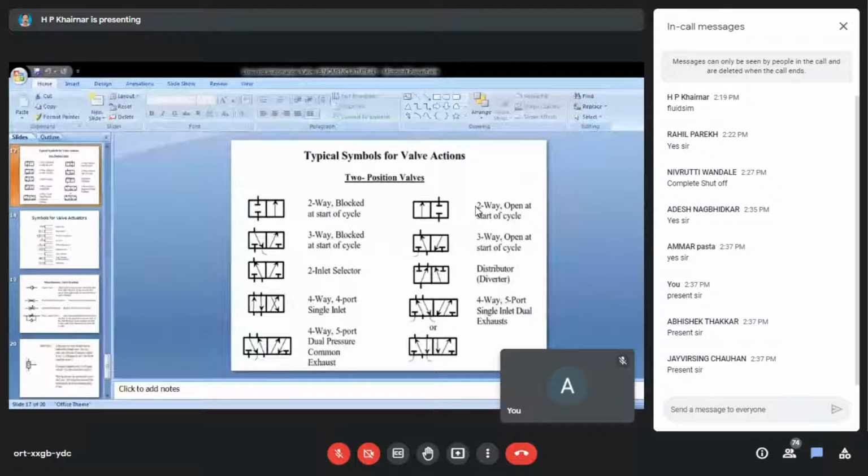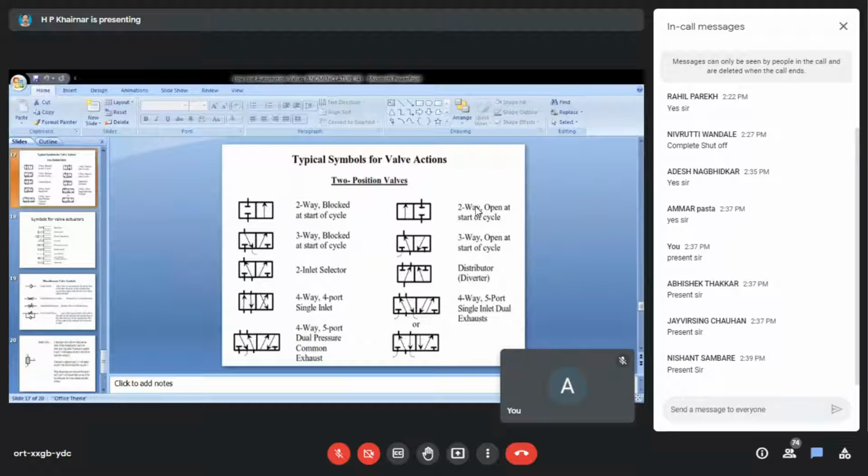Neha Kurian, Nikhil, Nishant, yes sir. Nivrutti, Omkar, Prajakta, yes sir. Present, sir. Pratik, Rahul, present sir. Raju, present sir.